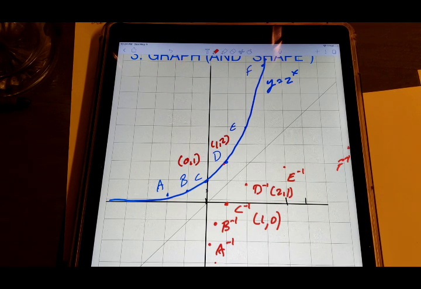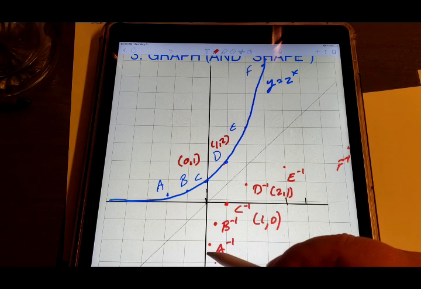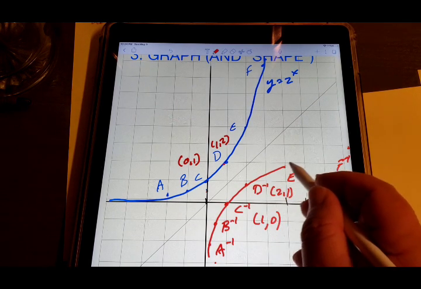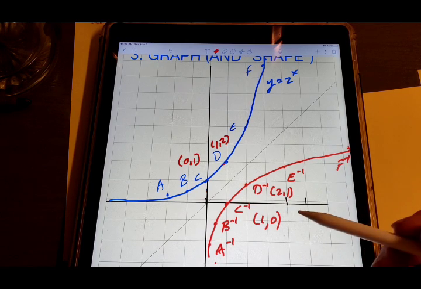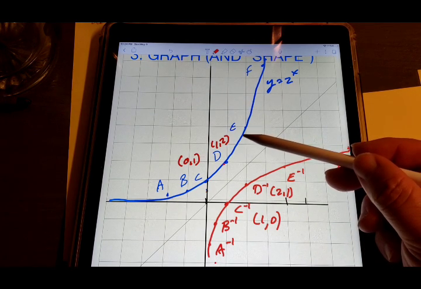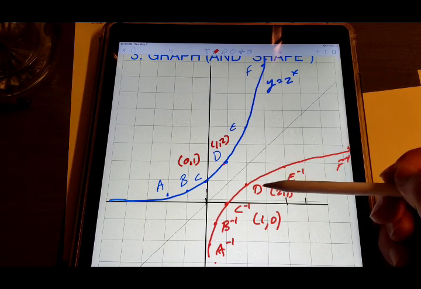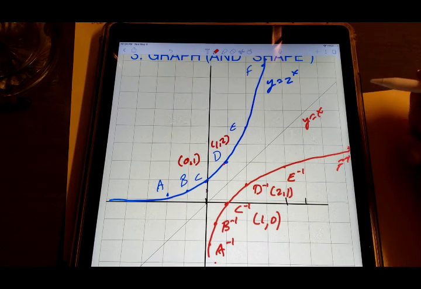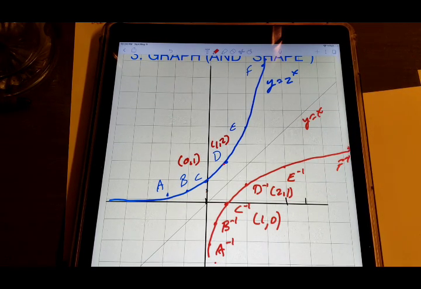Now, what happens when you do inverse points and inverses is you get a function that's a mirror image of the other function. So these two functions are mirror images of each other if the mirror is this line y equals x. So the line y equals x is where this thing reflects.